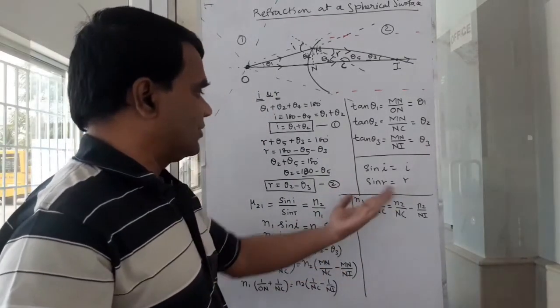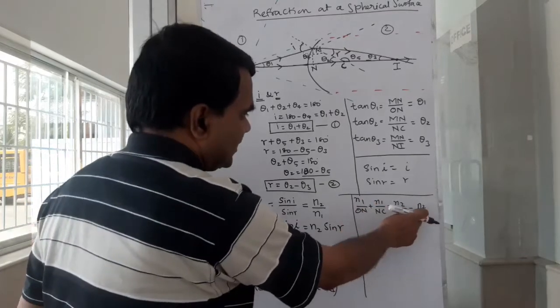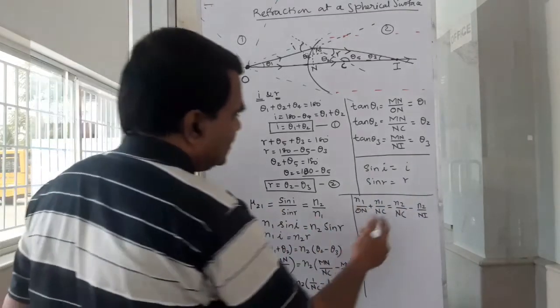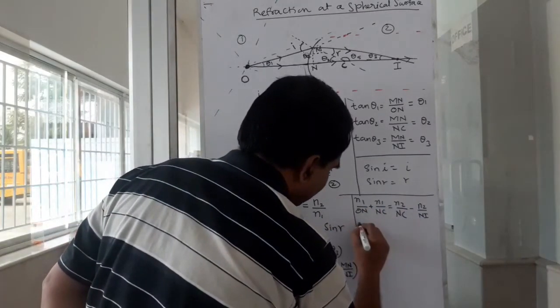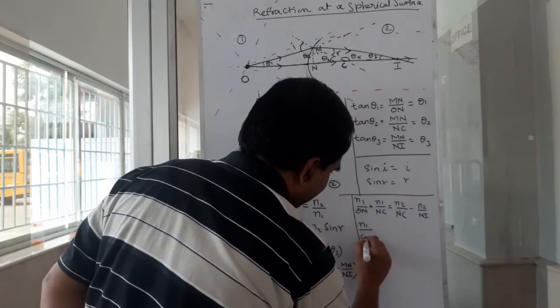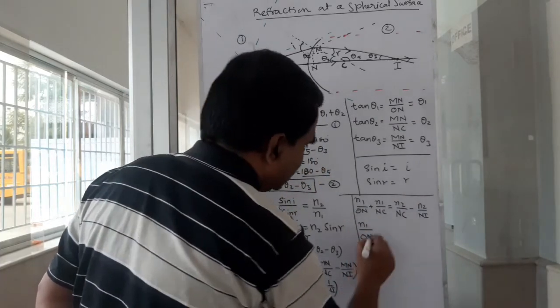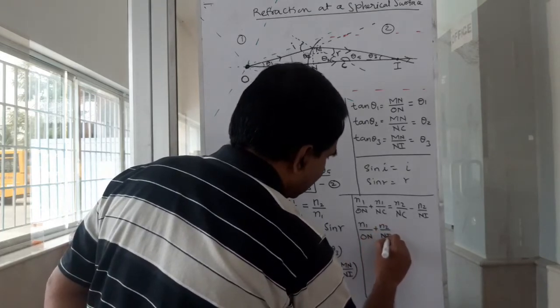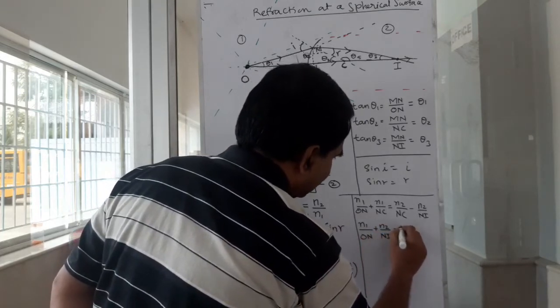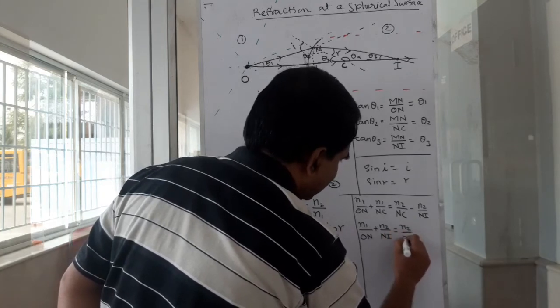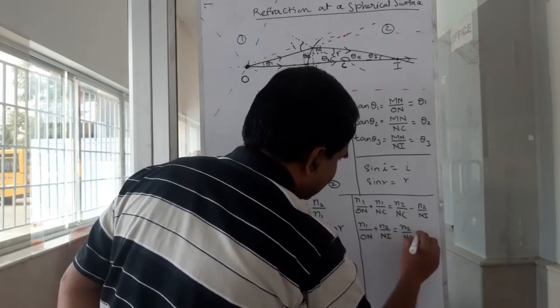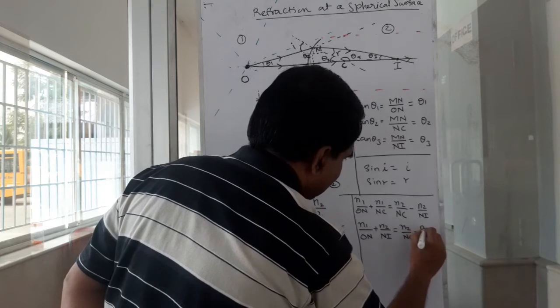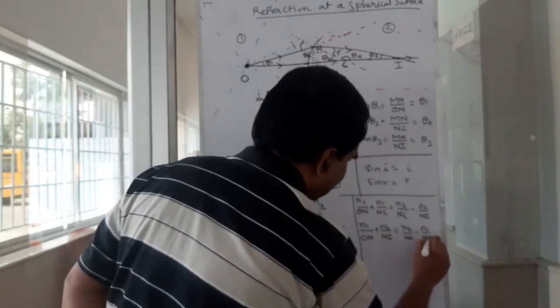Let me rearrange stuff. I'll bring all the NC's to one side, take Ni to the other side. So that will give me N1 by ON plus N2 by Ni equals N2 by NC minus N1 by NC.